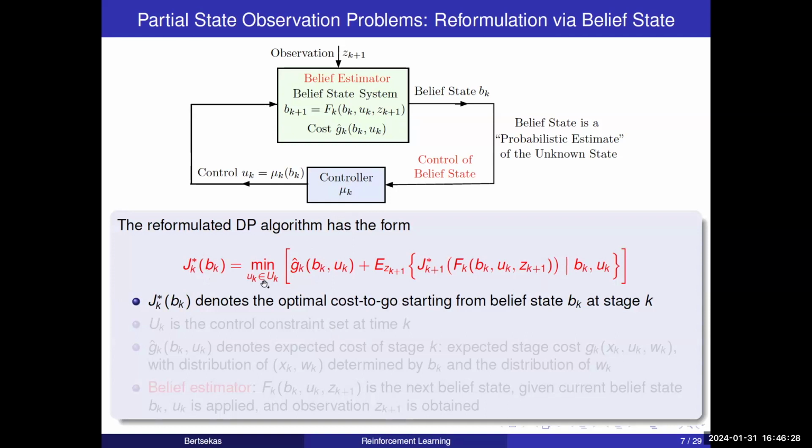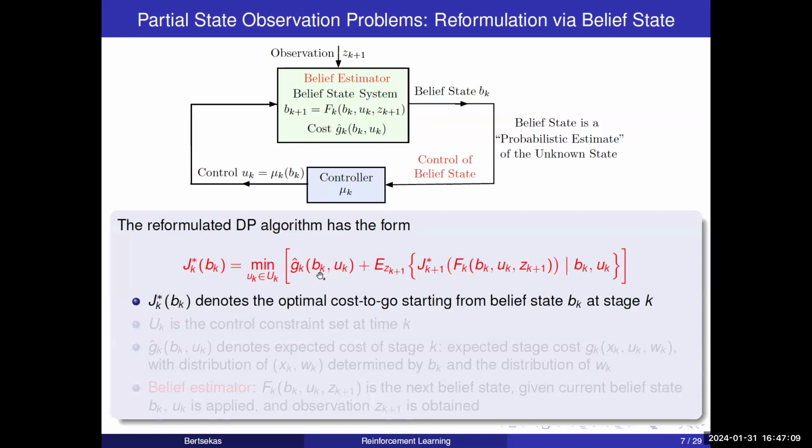We consider controls u_k within some constraint set, and we minimize the sum of two costs: the current stage cost that depends on the belief state and the control, and the expected optimal cost-to-go, which is J star of k+1 at the new belief state, which is given by this equation. The expected value is with respect to z, because we don't know the measurements that we're going to receive. They depend on b_k and u_k, and this probability distribution can be estimated. So in principle, this expected value can also be estimated.